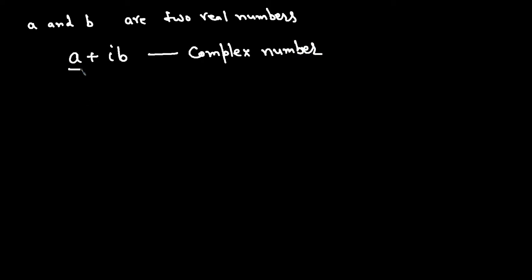So here this a is the real part and this is the imaginary part. So we got a combination of real and imaginary. This combination of real and imaginary number is called a complex number.